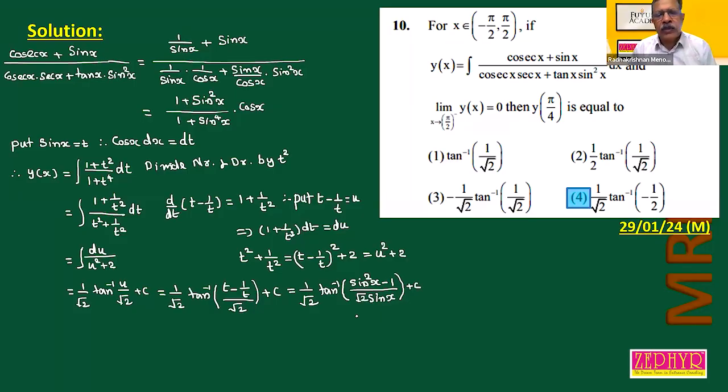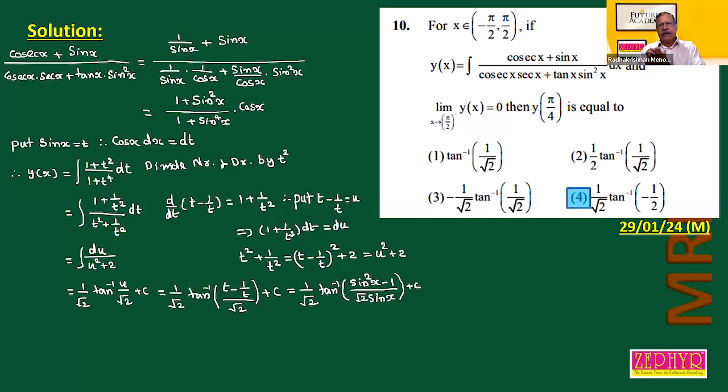Now the limit x tends to pi by 2. So we have to find out c. It's time now. You can complete it. When you take the LCM, you get sin squared x minus 1 the whole divided by root 2 sin x.